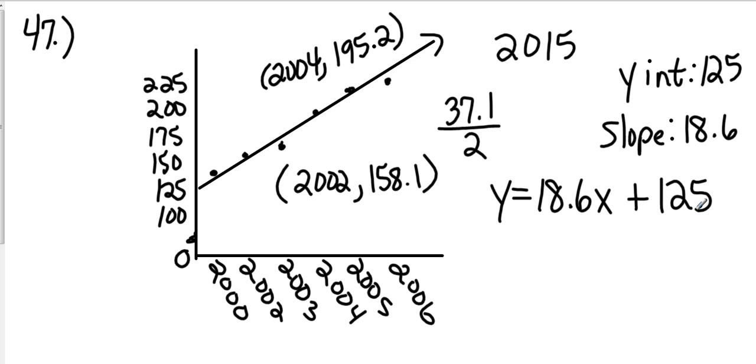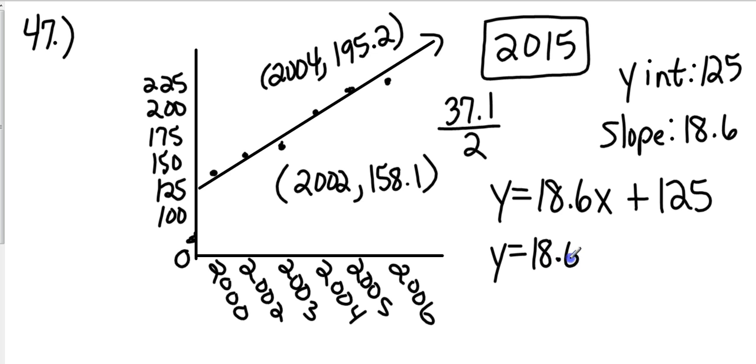Okay. And so now I want to plug in the year 2015. So 2015 is 15 years past where we started. So I'm going to take y equals 18.6 times 15 plus 125.